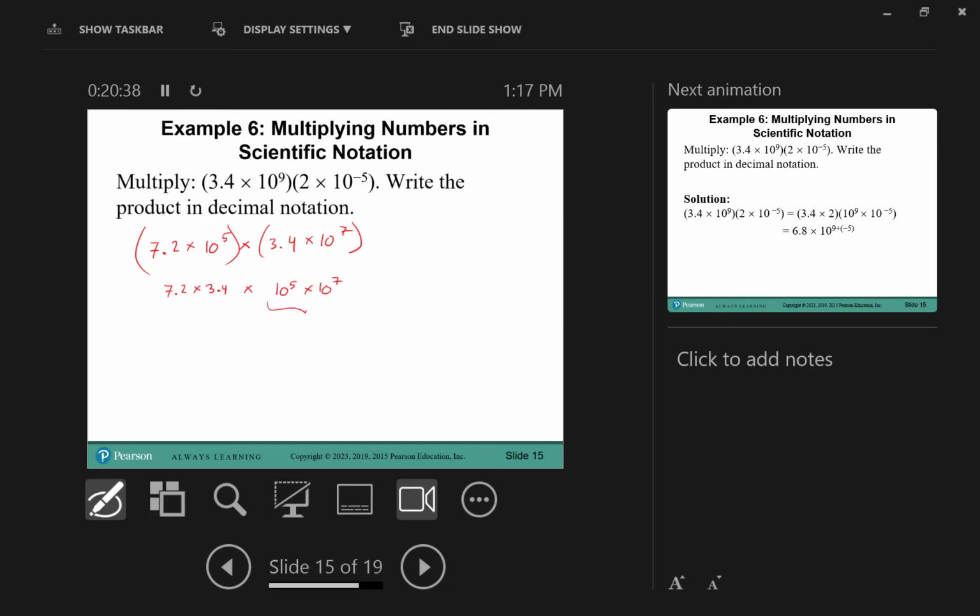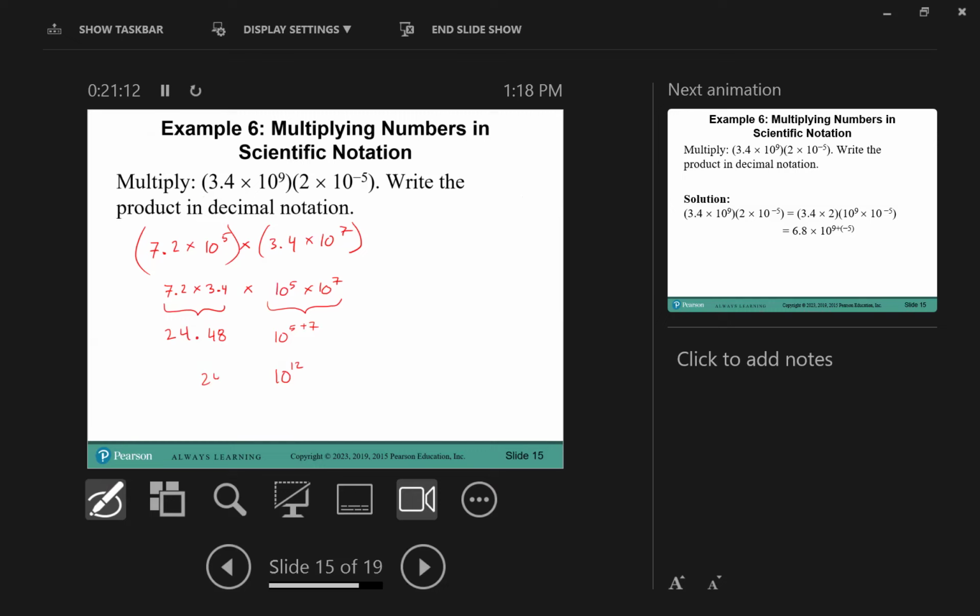Like we had done before, 10 to the 5th times 10 to the 7 is going to equal 10 to the 5 plus 7 power, or 10 to the 12. And then 3.4 times 7.2, again, I'll just cheat. I'm going to throw this into a calculator, because the point of it is not the longhand working this out. This ends up being 24.48.